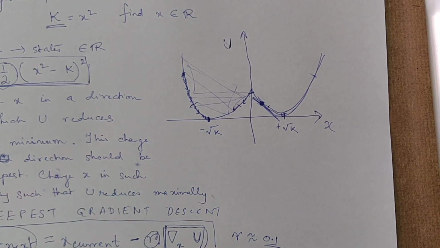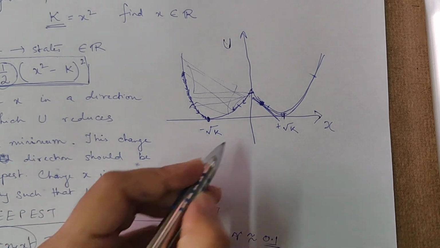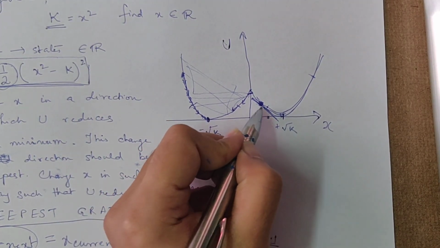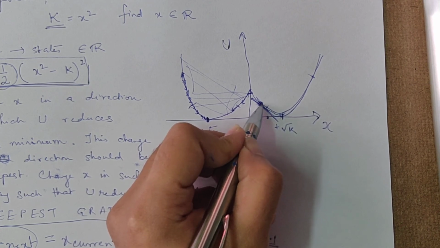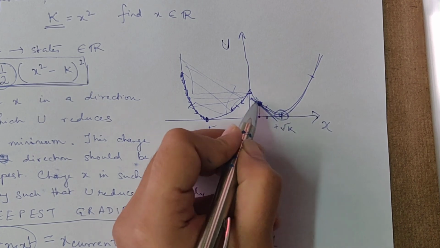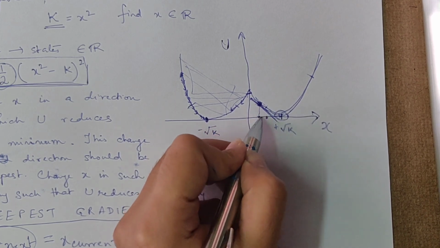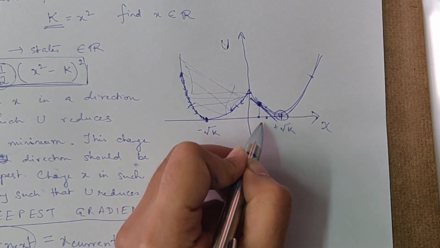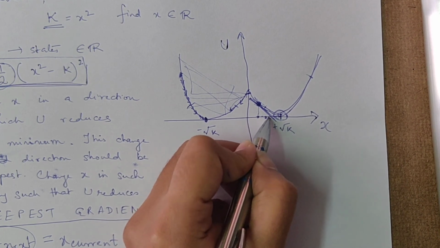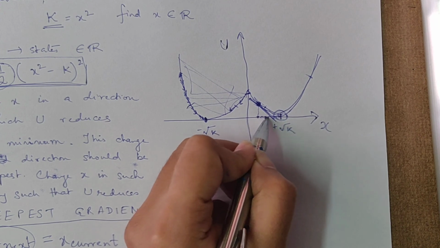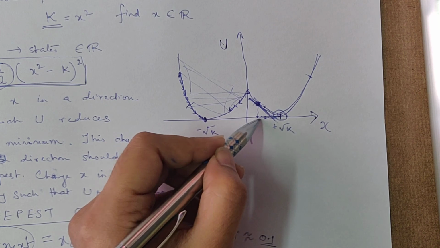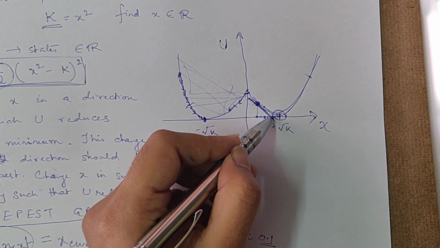So the next state will be x current plus something. I want from here to go towards this region. So in the areas where my slope is negative, my x next is going towards the right. That is what I want. So when my gradient is negative, my movement should be towards the positive.